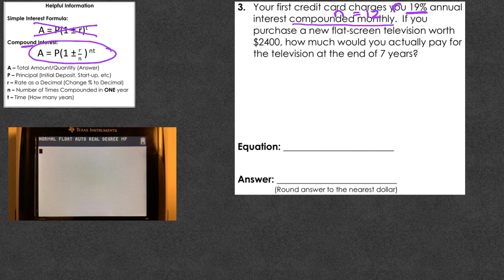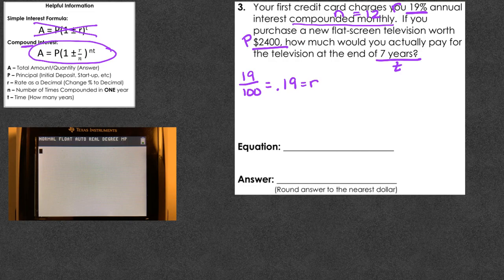If you purchase a new flat screen TV worth $2,400 would be our principal, our initial investment into the TV. How much would you actually pay for the television at the end of 7 years? And that would be our time. So let's go ahead and change our percent. 19 divided by 100 equals 0.19 for our rate.